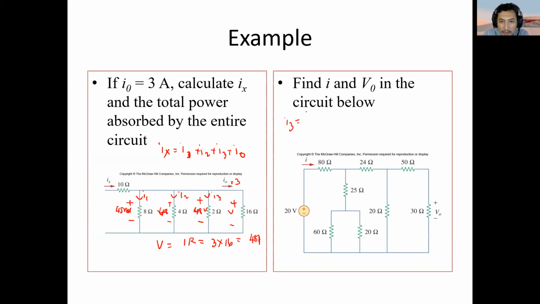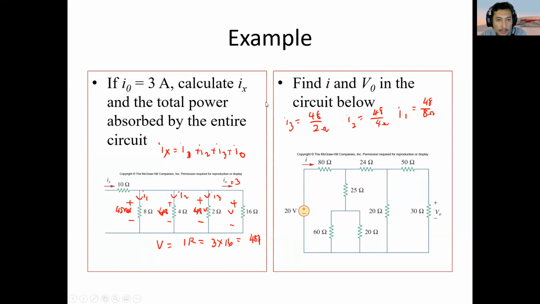So your I3 is 48 over 2 ohm. Your I2 is 48 volt over 4 ohm. And your I1 is 48 over 8 ohm. Okay, I hope that one is clear.